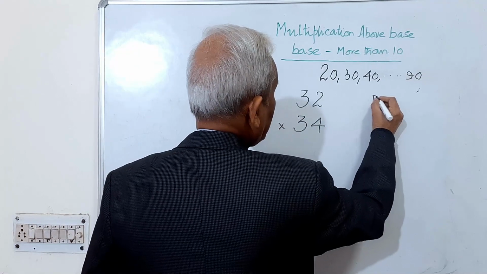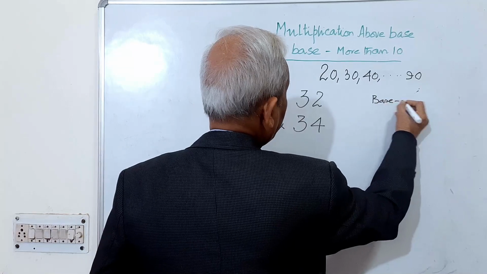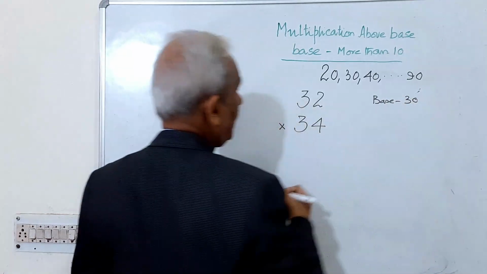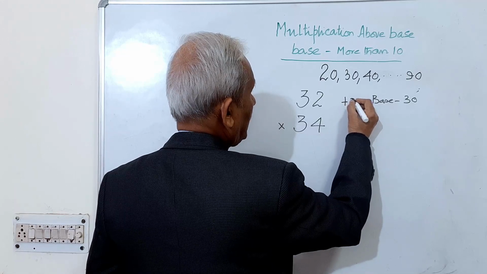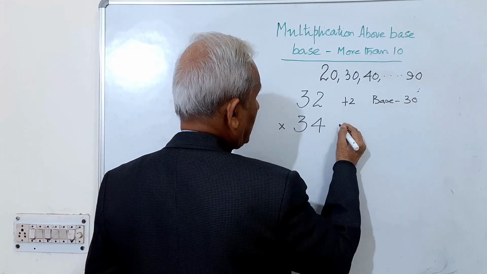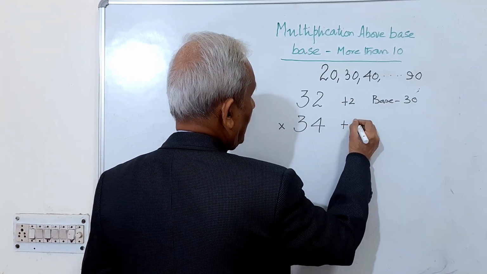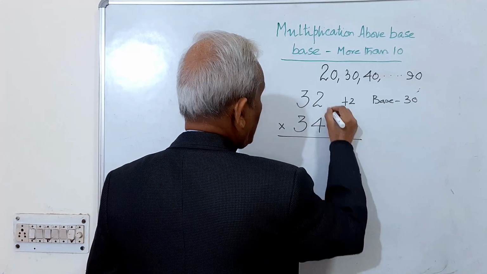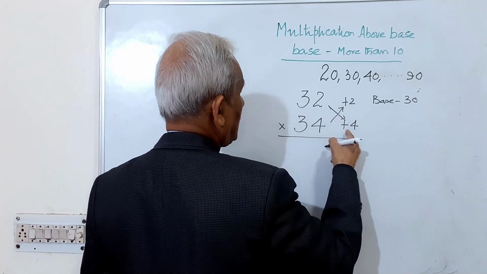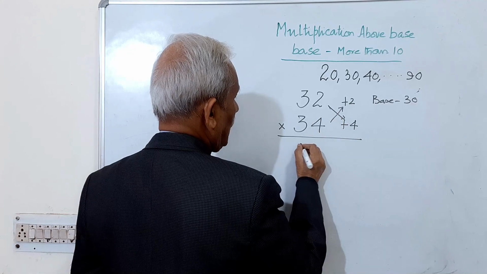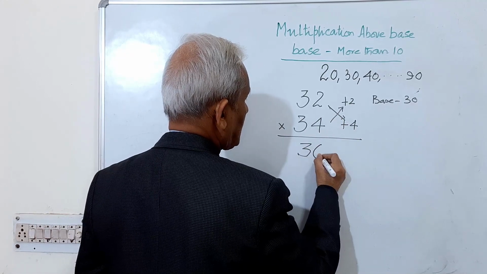Here the base is 30. So 32 minus 30 is plus 2, 34 minus 30 is plus 4. So the cross addition becomes 32 plus 4, 36, or 34 plus 2, 36. So the first part of the answer is 36.